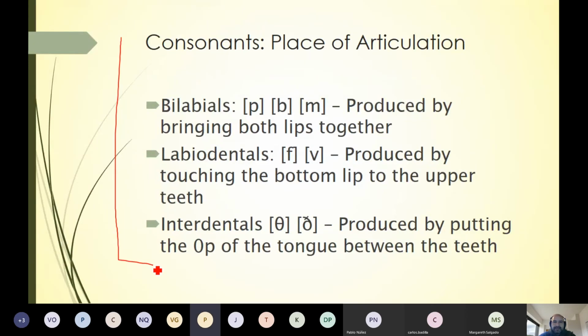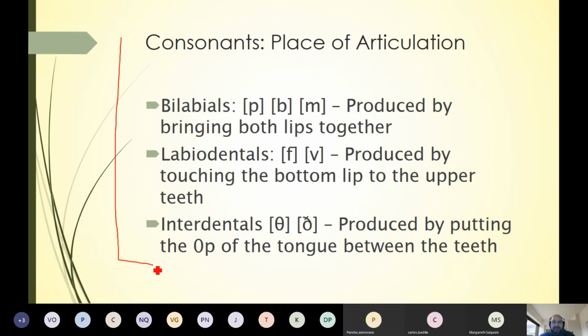Yeah, sure. Thank you. Consonants, place of articulation. Bilabials, produced by bringing both lips together. Labiodentals. Oh, you forgot the brackets. Sorry. Okay, sorry. Bilabials, produced by bringing both lips together.